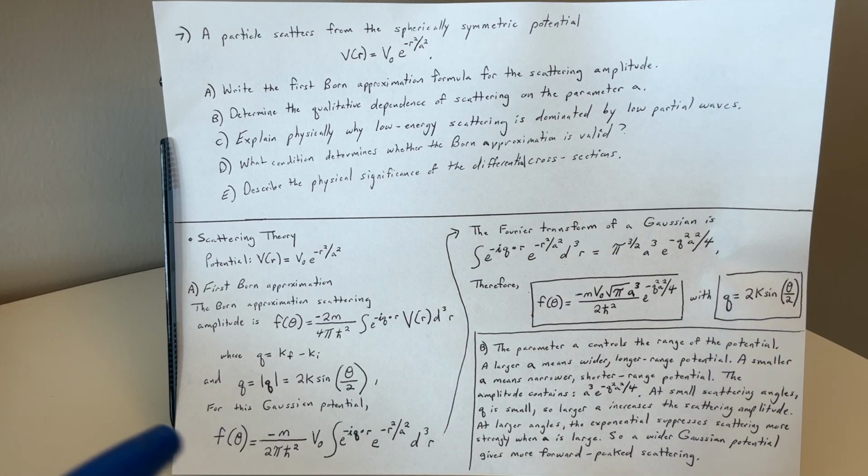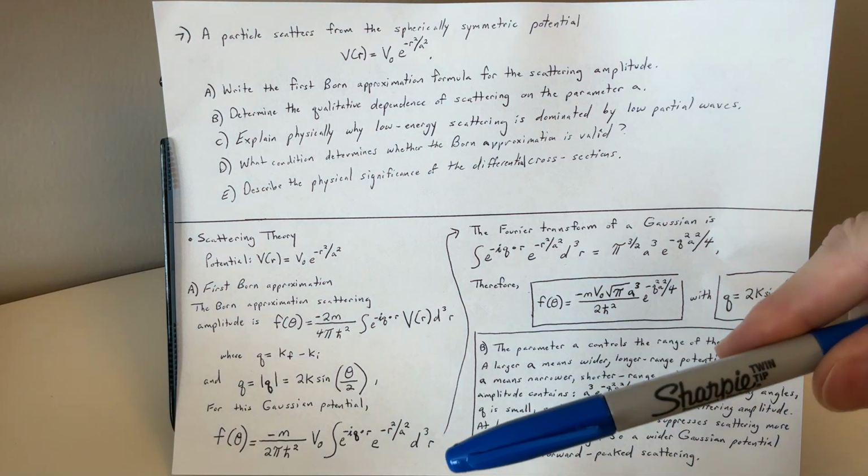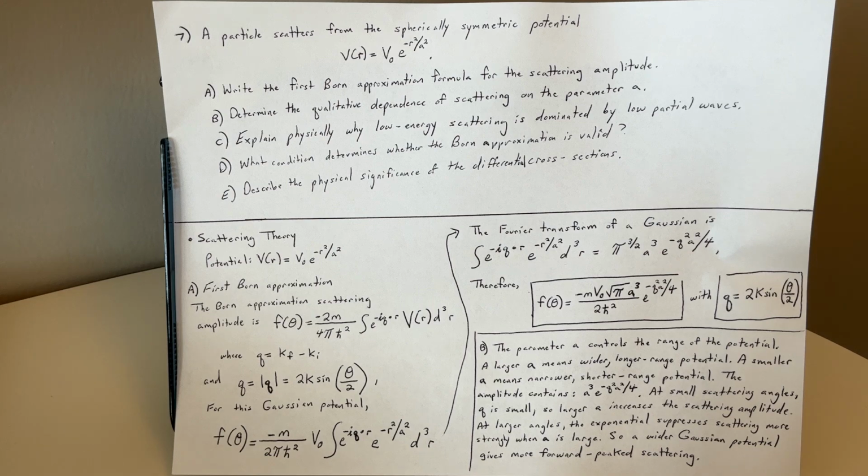Now, for this Gaussian potential, f of theta equals negative m over 2 pi h bar squared times V naught times the integral of e to the negative i q dot r times e to the negative r squared over a squared, d cubed r.